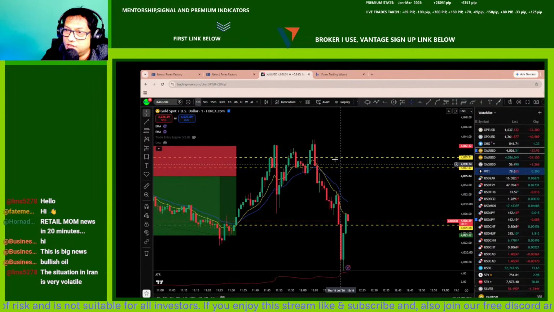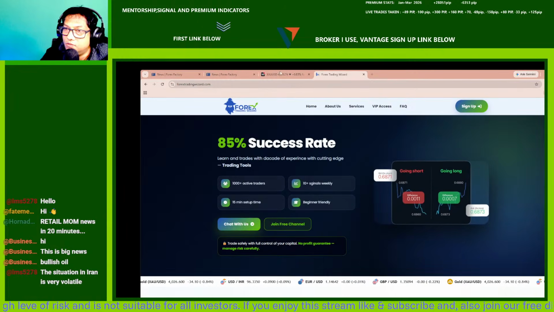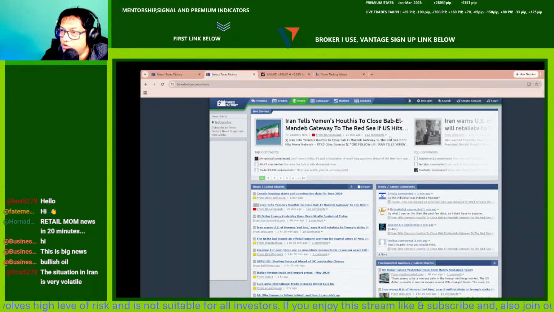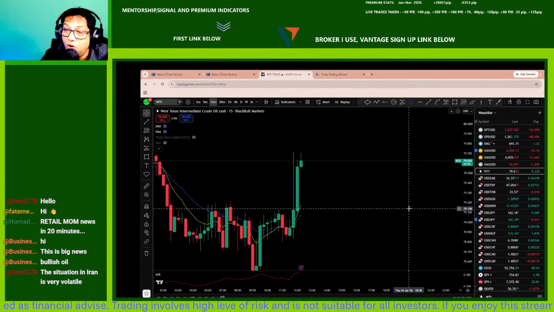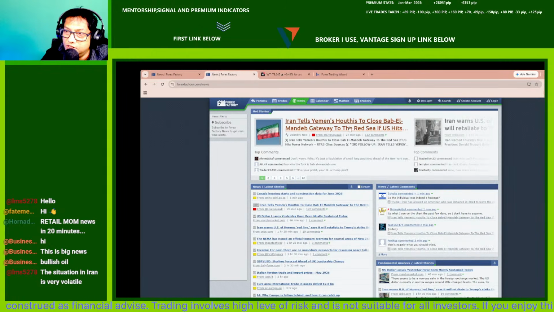This is a massive liquidity sweep in both directions, especially with the Iran news of the gateway to the Red Sea, the Bab al Mandeb gateway, which I think is a vital oil passage. Do you know how that's going to influence the market? Yes, the oil price really jumped as soon as this news came out.